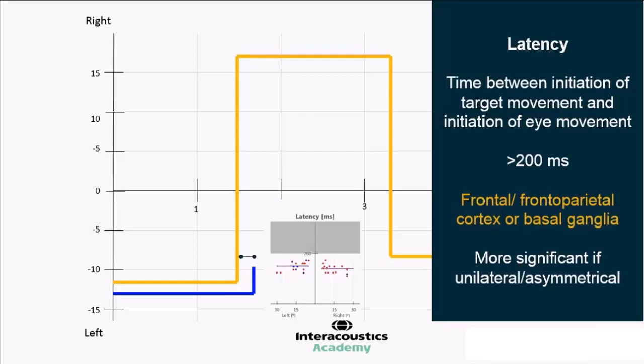Abnormalities within the latency of movement are often described within the central nervous system structures as being frontal or frontoparietal cortex, or even within the basal ganglia. We can come back to some of these abnormalities further into the presentation.